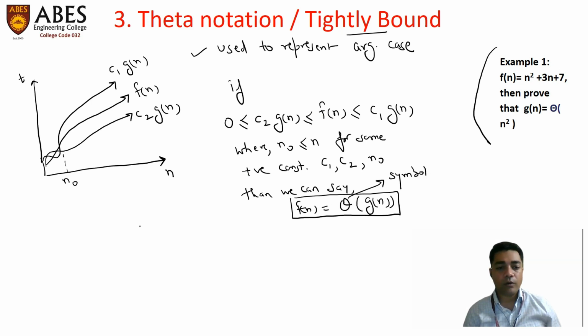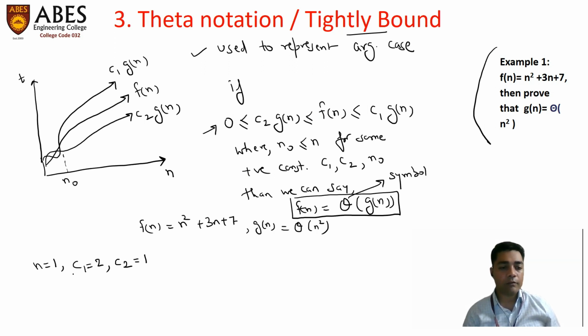Okay, so let's take this example. Here f(n) is equal to n square plus 3n plus 7, and g(n) is equal to n square, so f(n) is theta of n square. Let's put it in this equation. Here we are given c2·g(n). So let's take c2 to be 1, c1 to be 2, and let's start n with 1.